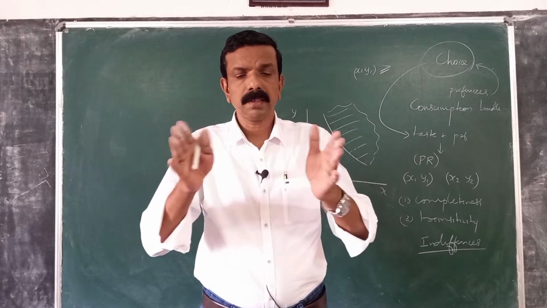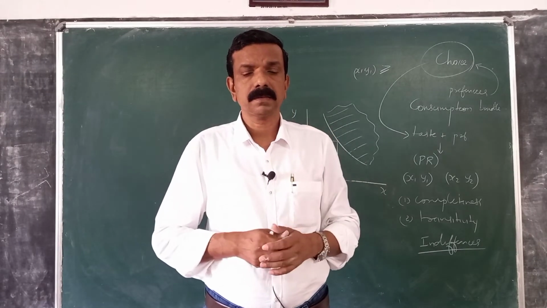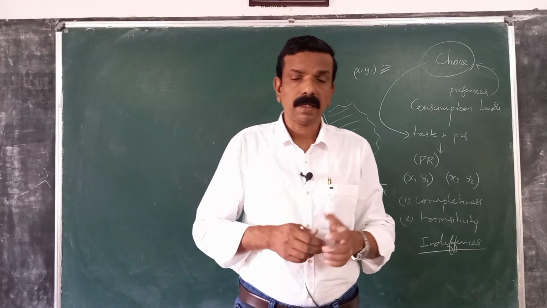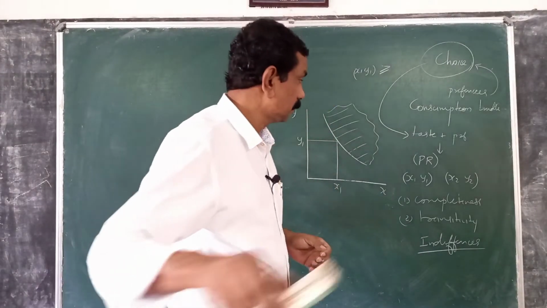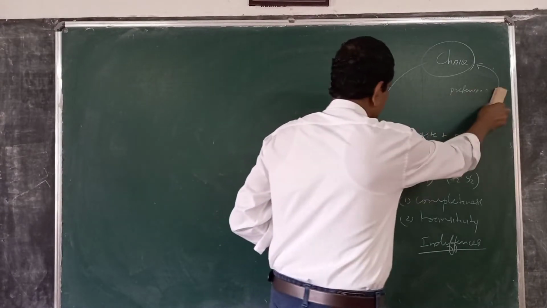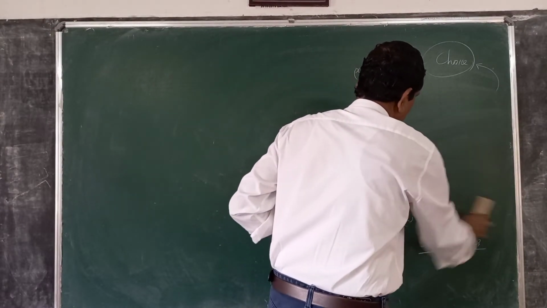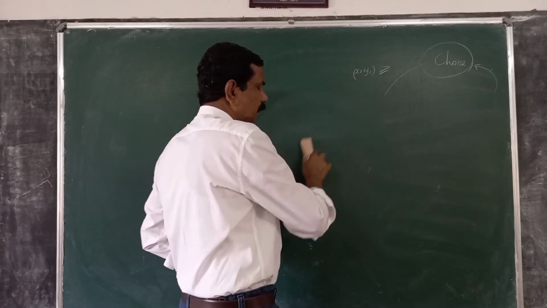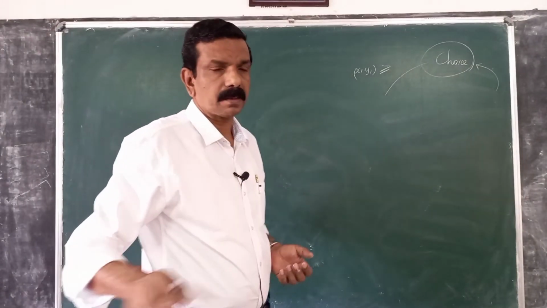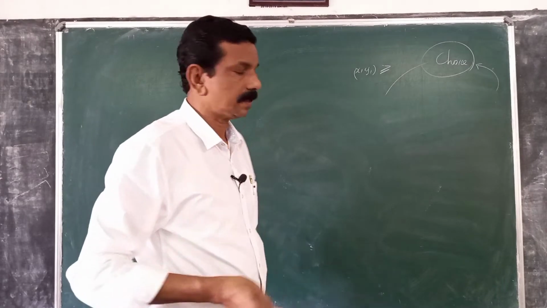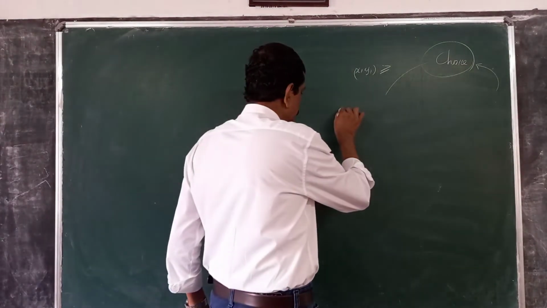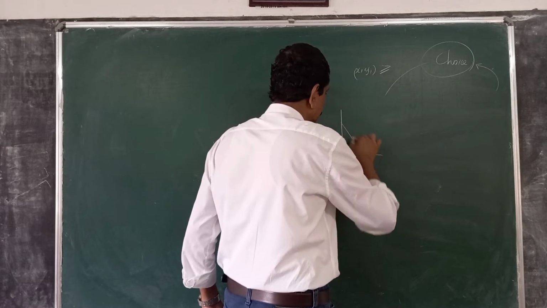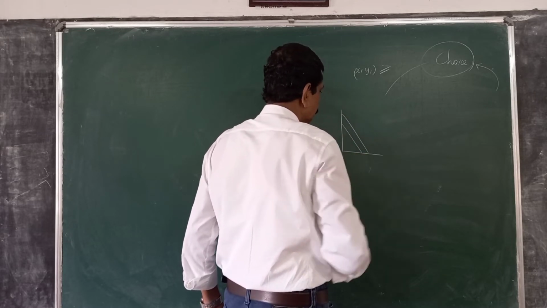Any reasonable preference can be represented by indifference curves, and the shape depends on the type of preferences. As we have discussed earlier, if x and y are perfect substitutes, this is the shape.